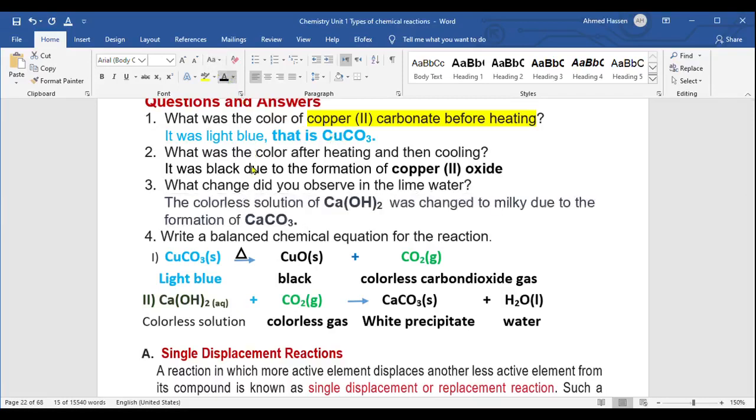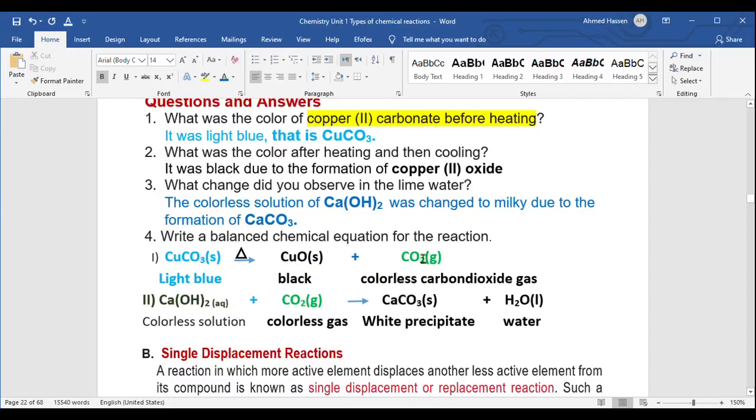Therefore the colorless solution was changed to milky due to the formation of calcium carbonate. The balanced equation of the reaction we observe in the above process is written here. Copper(II) carbonate is heated; the delta is a symbol for heat, and it gives a black substance and a colorless gas. The light blue solid gives a black substance remaining in the test tube.